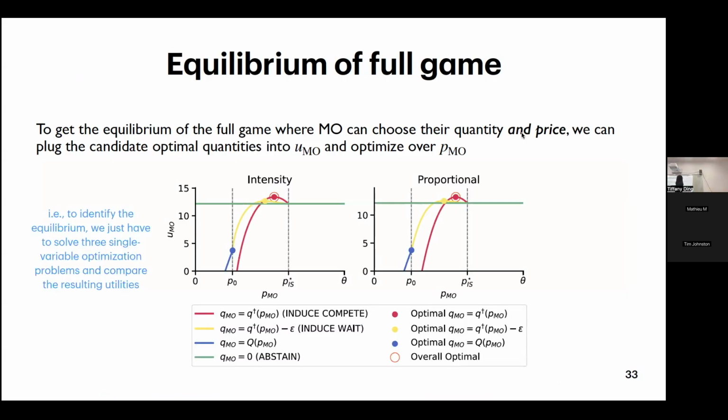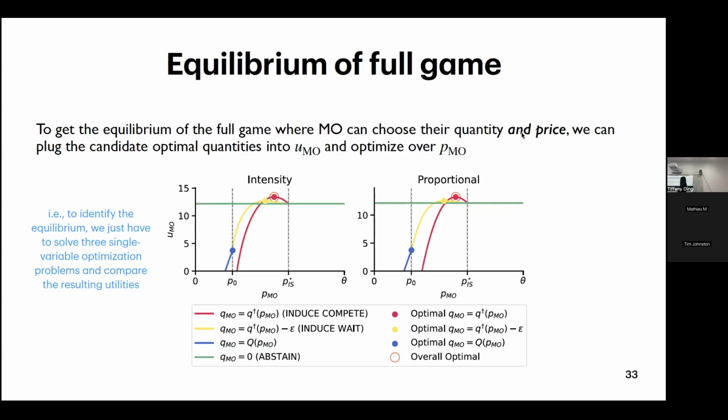So each of these lines is plugging in one of the optimal candidates for the range of price values where it is a valid optimal candidate. So like here, for example, 0 was an optimal candidate for all values of PMO. And then here, Q of PMO is only valid for small prices.